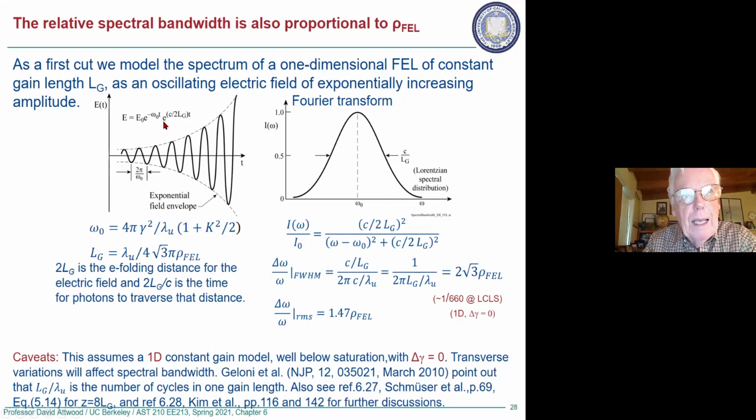And here's the exponential gain. This is for the electric field, so there's a 2 in here. The gain length was for power, or energy. So we have an oscillation that's growing in amplitude, and it goes so far and it ends. You get to the end of the undulator.